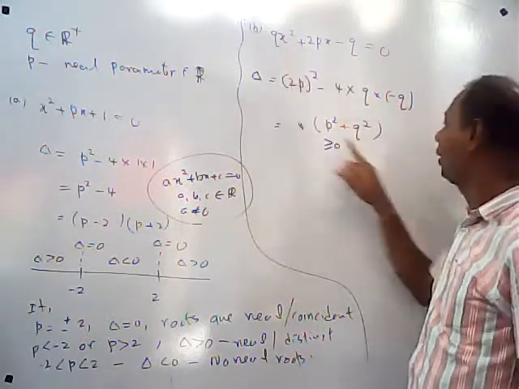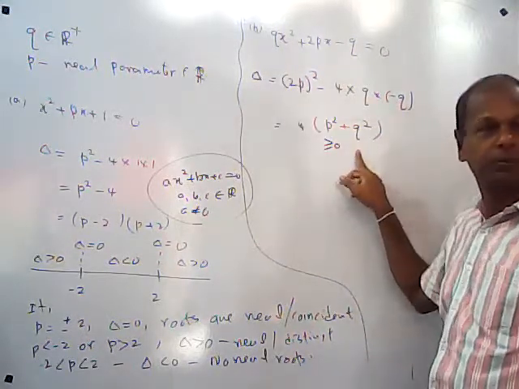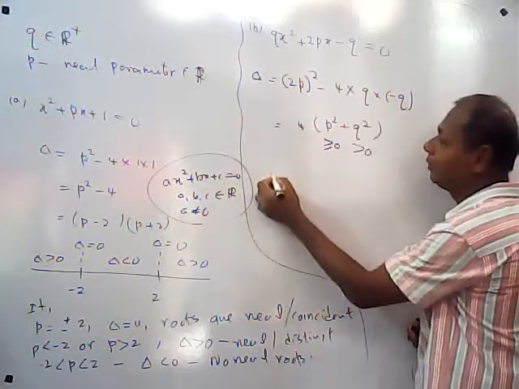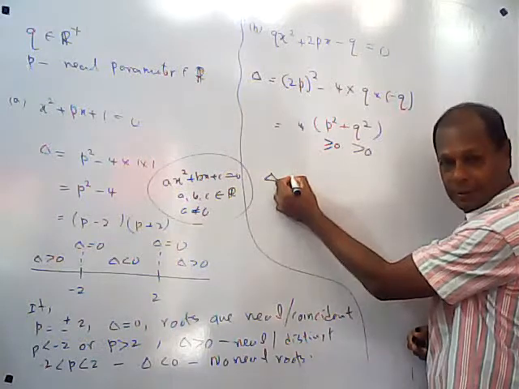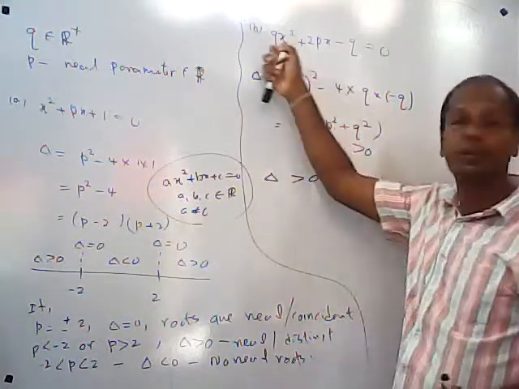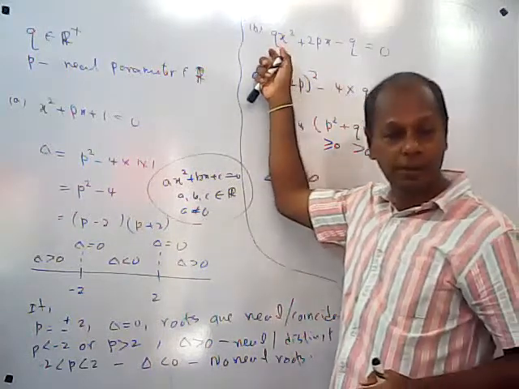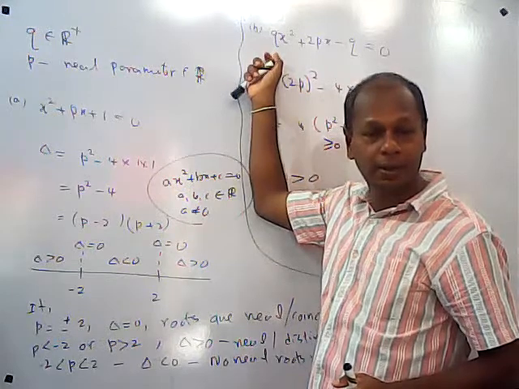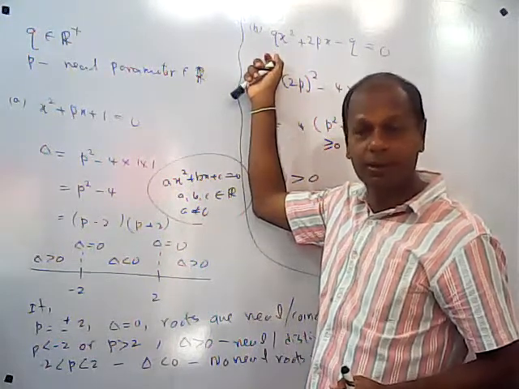No. Then Q square, can it be 0? No, definitely greater than 0. So delta is definitely greater than 0, no equal. So roots of this equation are strictly real and distinct, no equal, real and distinct.